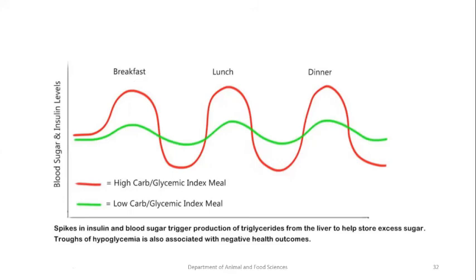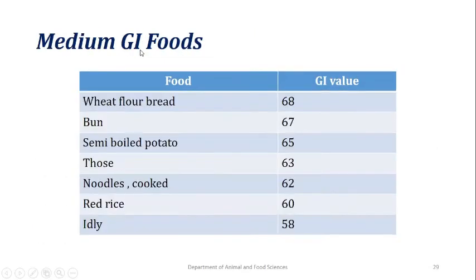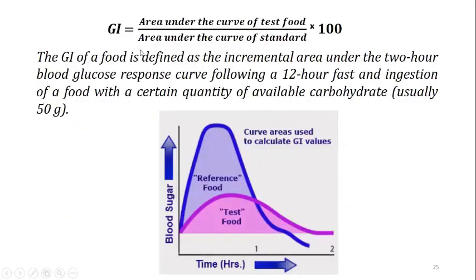And one limitation of glycemic index is that, if you can remember, one limitation of GI value is that it does not reflect the quantity we eat from a particular food. When calculating the glycemic index, we always consider 50 gram of the food product.